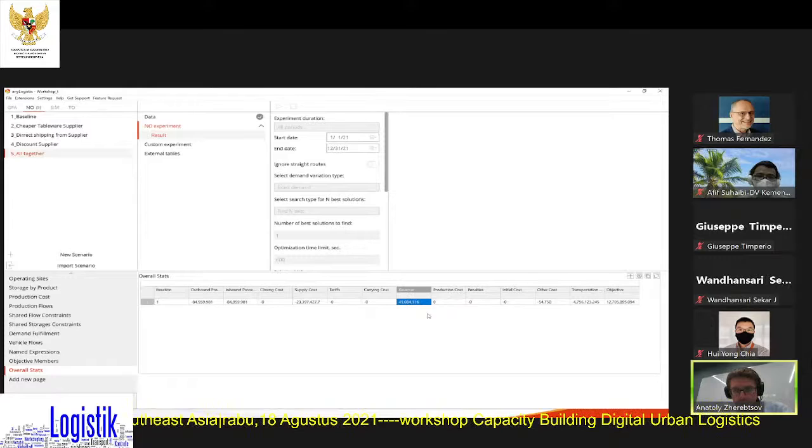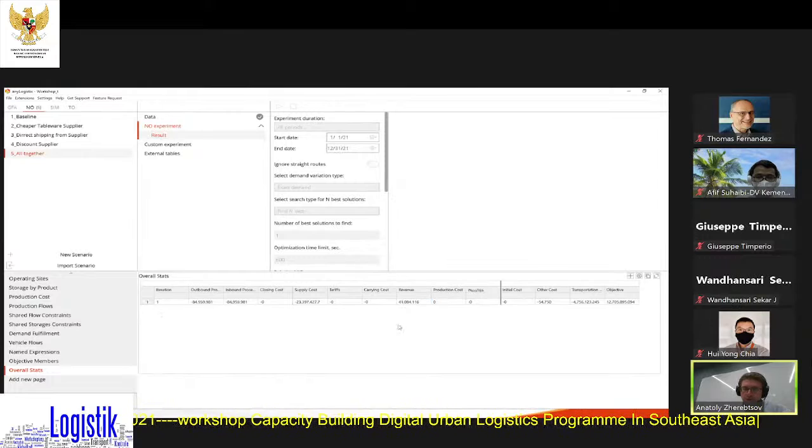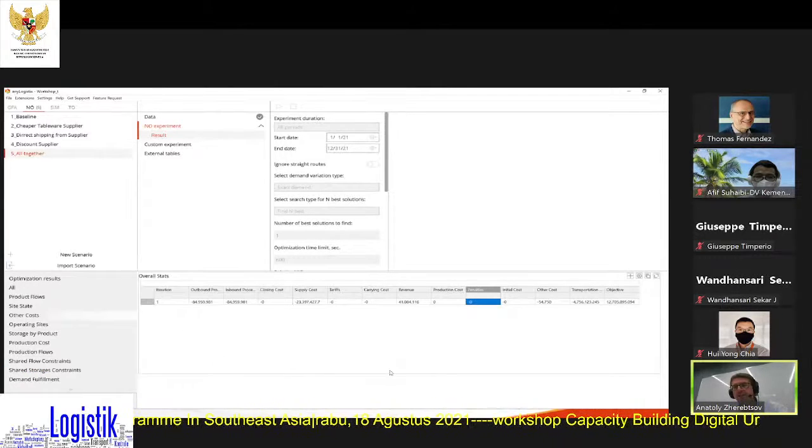Another thing worth mentioning is penalties. You saw that we have this column in many tables, penalties. In this scenario, it's 0 because we do not have constraints that lead to penalties. But the idea is the following.